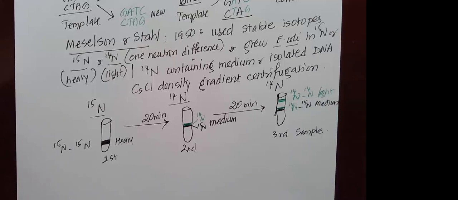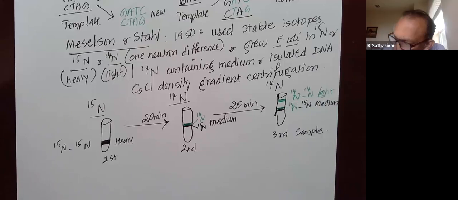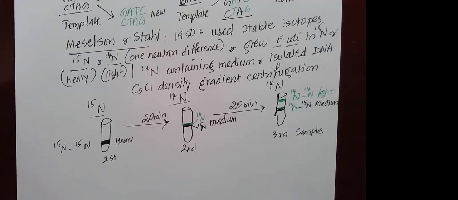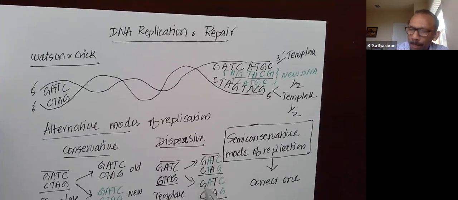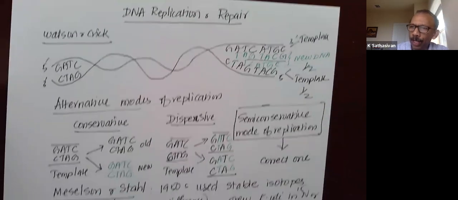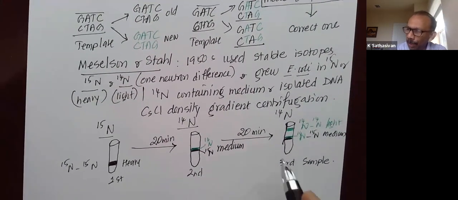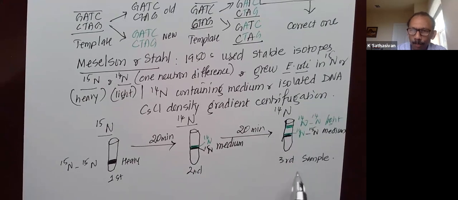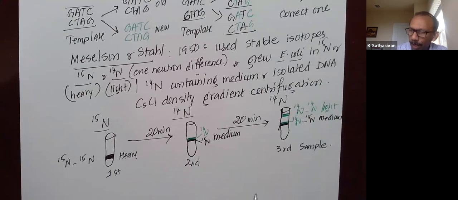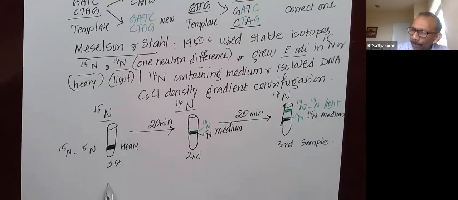Is it from the third sample that when you split up a dispersive DNA sample, it would still be medium in the third because it's a combination of both the light and the heavy? Yes, exactly. So you would see a band mixed like this. So they did not see a dispersive. So this was semi-conservative, and both explanations are very good. Okay, thank you for speaking up.